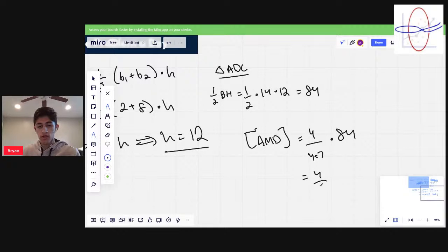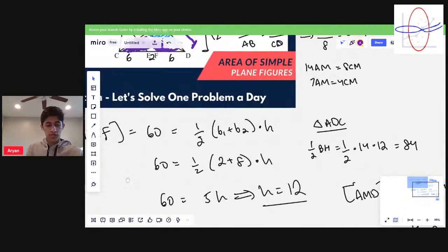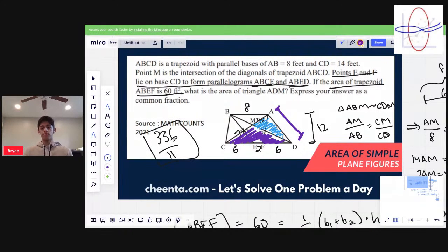This is just 4/11ths of 84, and that is 336 over 11. And that is actually our final answer. Let's check the problem to make sure we're answering the question. They ask us for the area of triangle ADM as a common fraction. We found that to be 336 over 11, and we are done.